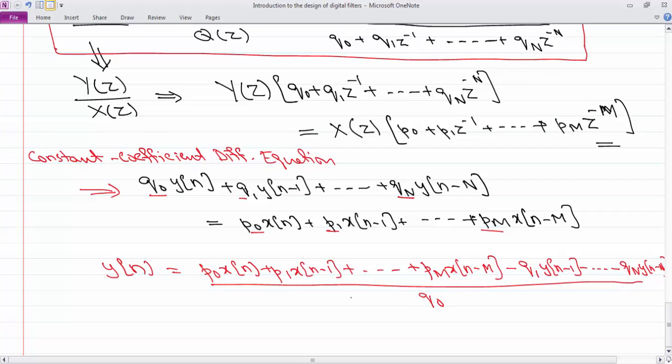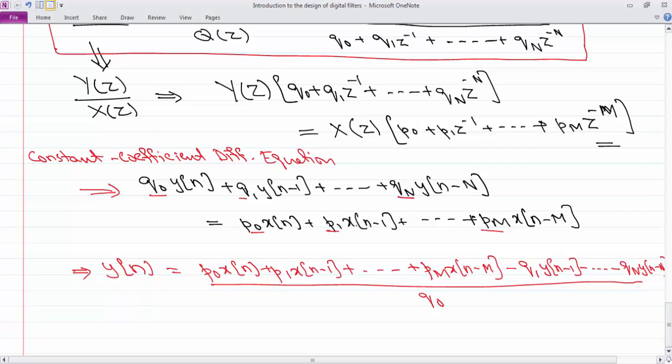That's my y[n]. So what this is saying is, every time a new input comes in, I simply compute the sum, which is a finite sum, and assign that to the output. So implementation is really simple.